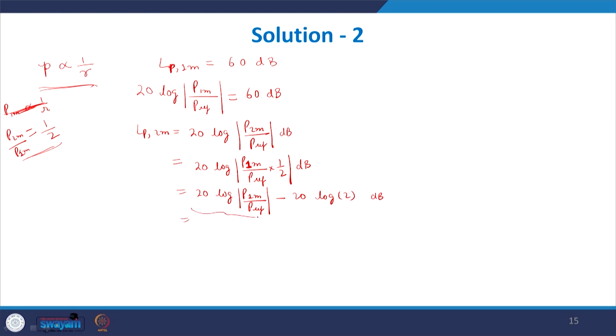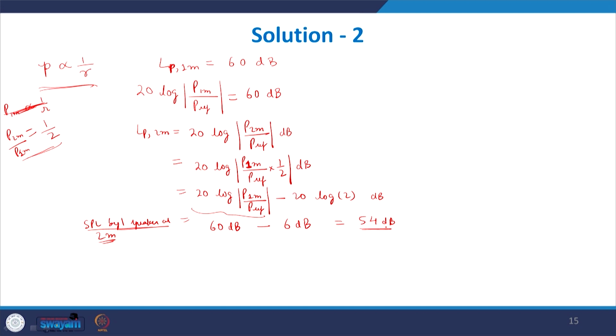And this value we already know. What is the SPL at 1 meter? It is 60 dB. So this is 60 dB minus 20 log 2, which is 6 dB. So this comes out to be 54 dB. This is the SPL by one speaker at 2 meters.